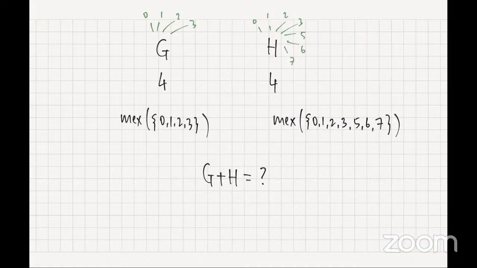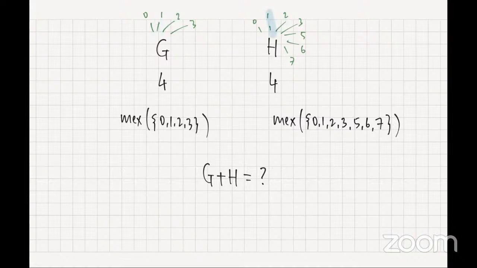Well, I'm going to think about it from the perspective of the other player, mimicking what the first player does. So let's say the first player picks G and moves to a smaller number. Then the other player can pick H and move to the exact same number, right? Or if the first player picks H and moves to a number that's smaller than 4, then the other player can do the same.